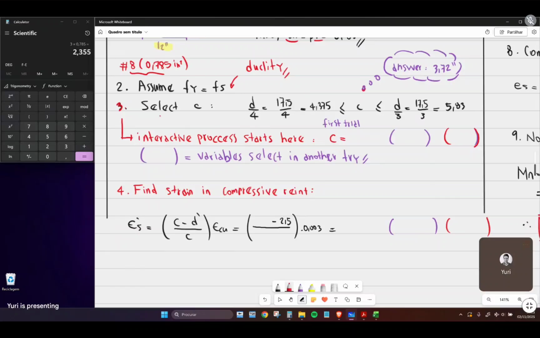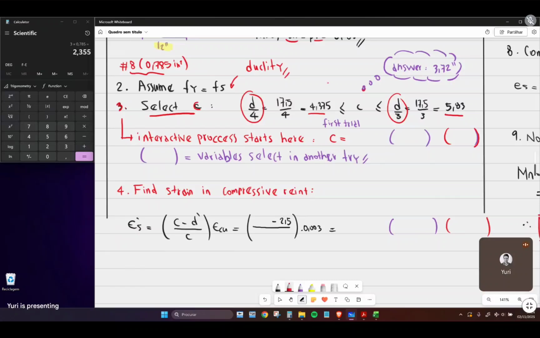So the second step, the third here, is actually selecting c. We are going to select a position of the neutral line that is between d over 4 and d over 3. If you calculate, it is between 4.375 inches and 5.83 inches. If you remember from the previous exercise, the position of the neutral line was around 4.4 or something.